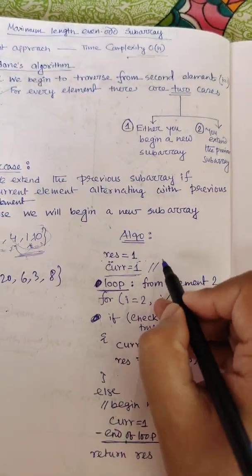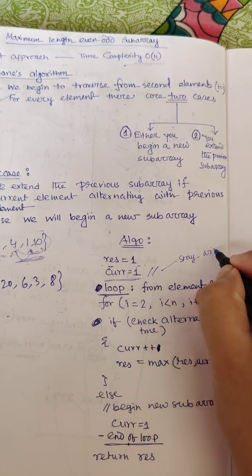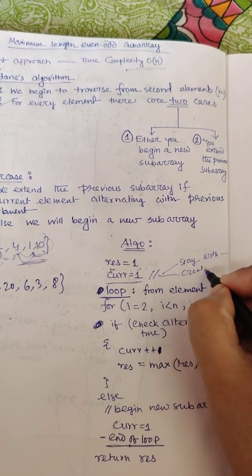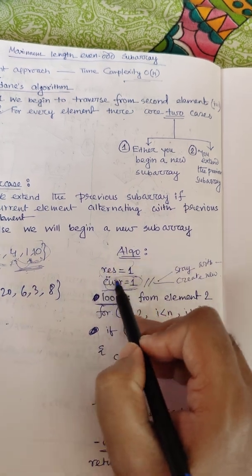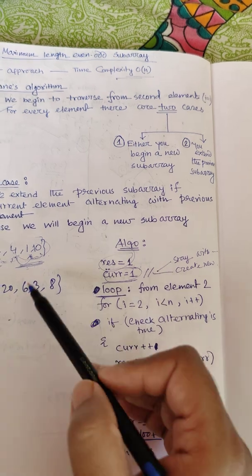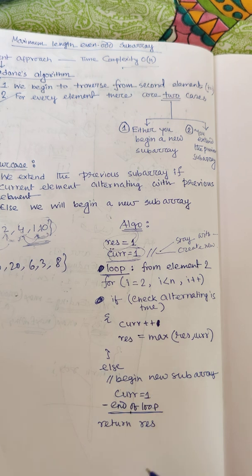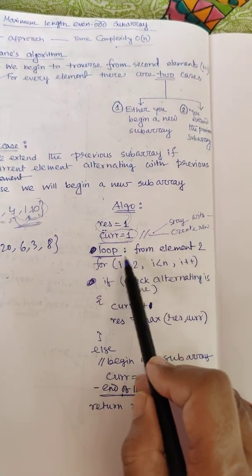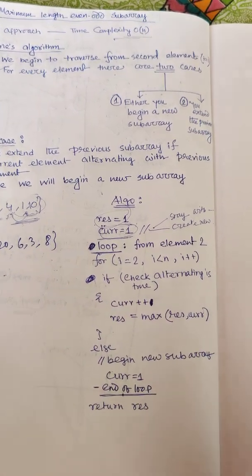The second point says whether we will stay with the subarray or create a new subarray. That is determined by the current index, and the result is responsible for giving the information we are looking for. Here we are looking for the length of the subarray which satisfies the problem. So we start a loop from the second element and go up to the nth element, right?